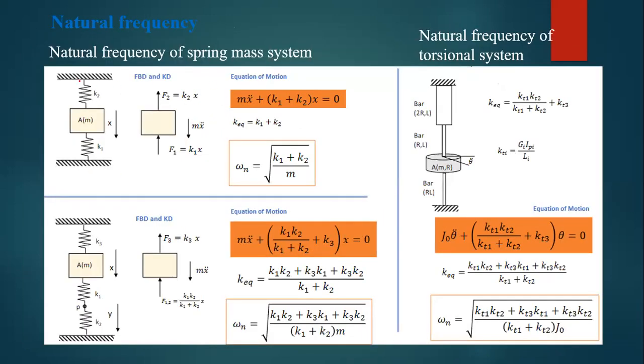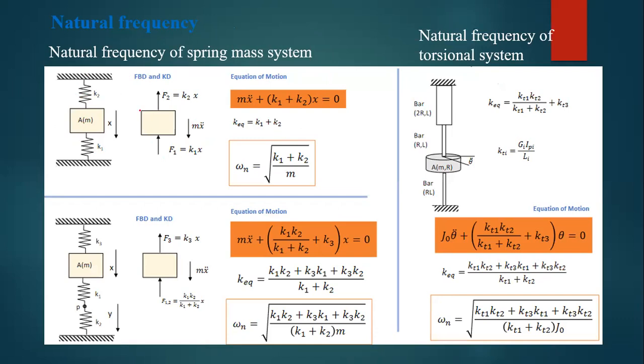Another natural frequency is of a spring-mass system, especially here where we can see K1 and K2, two springs. The mass is suspended or placed in between two springs, so whenever one spring is compressed, the other is in tension.